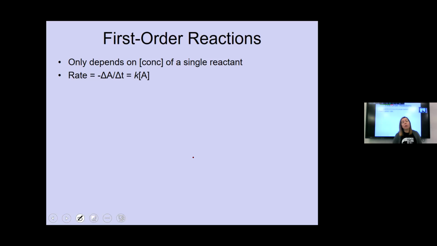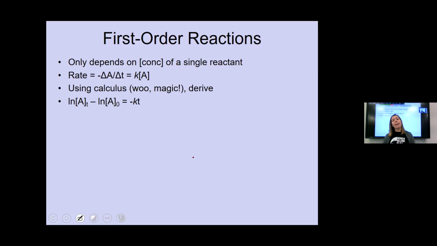So as a review, first order reactions are dependent upon the concentration of a single reactant, and whatever that reactant does, that's what also happens to the rate. So if we double the concentration of our reactant, that will also double the rate. If you take the rate law through the magic of calculus, you will end up deriving that equation there.